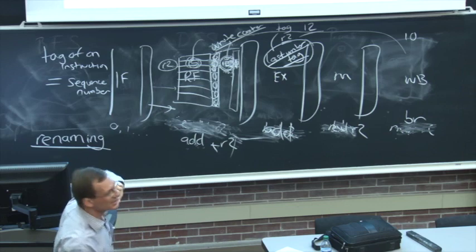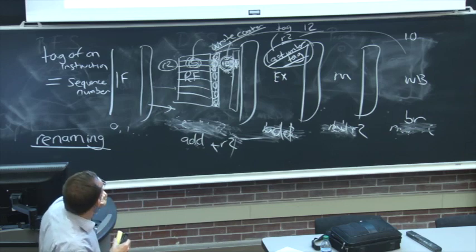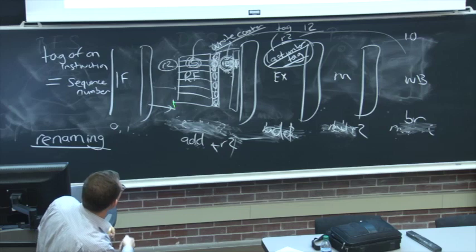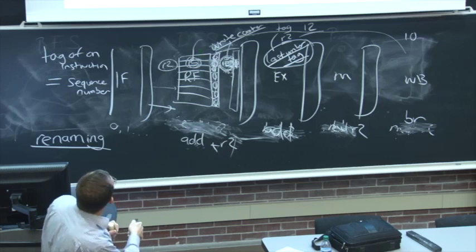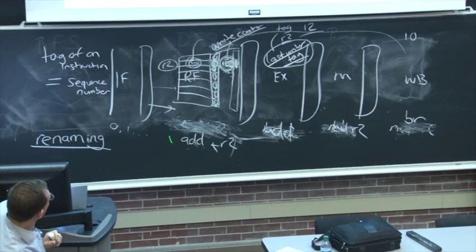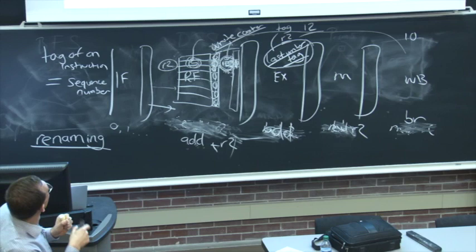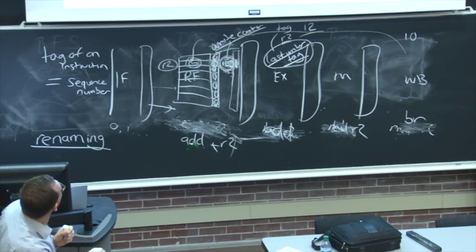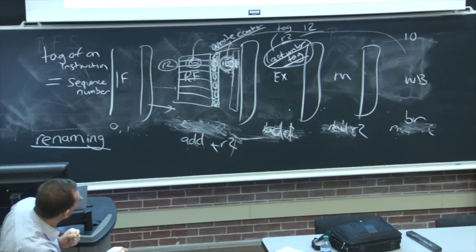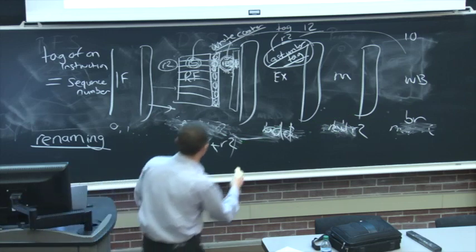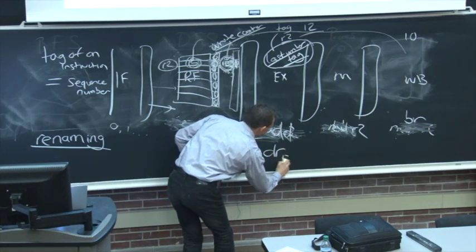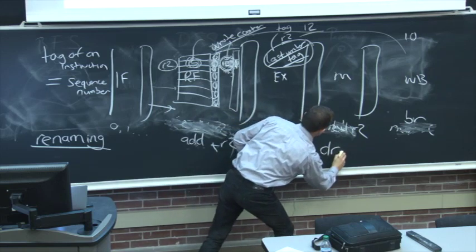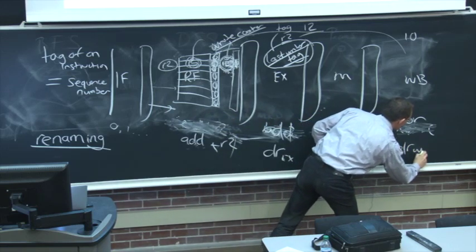Well, you can have combinational dependence check logic also. Basically, the idea here is not to have a central scoreboard, but you have a special logic that checks if any instruction in a later stage is supposed to write to any source register of the instruction that's being decoded. So you could think of a combinational logic that takes in the destination register of the instruction in the EX stage, the MEM stage, and the write back stage.